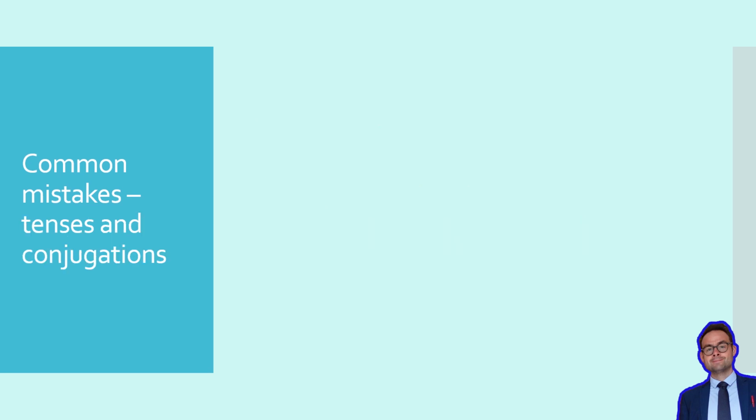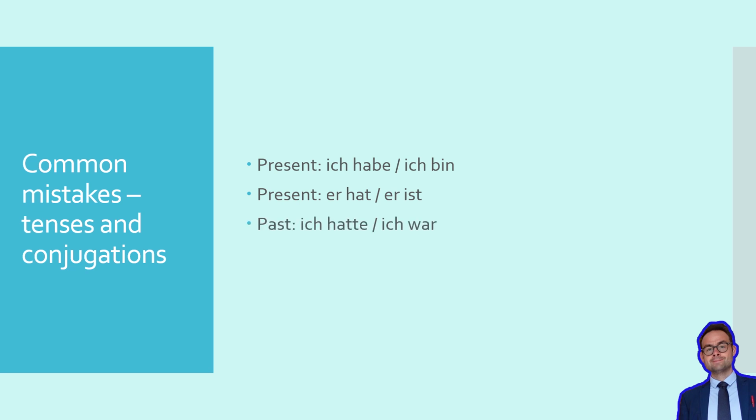Tenses and conjugations, and this would be something that can make your translation a major error if you get the wrong one. Ich habe, ich bin, in the present. Hat, ist, in the present. Ich hatte, I had, or ich war, I was.